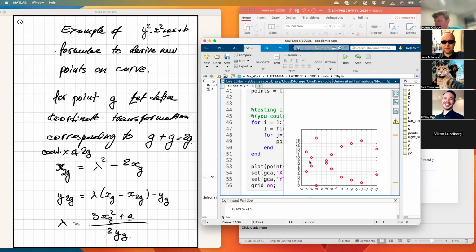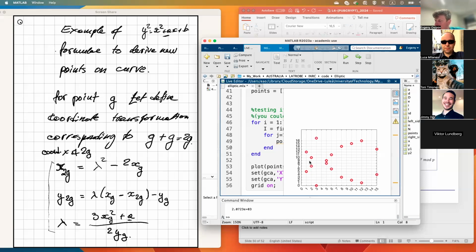So the long story short, I will not torture you with the math on how to actually derive these equations. What is important is the transformation I showed you.